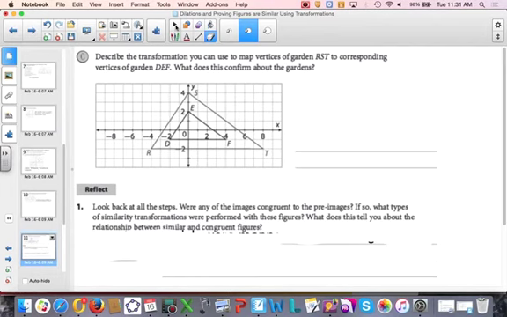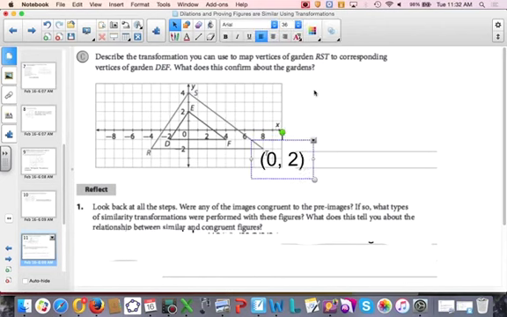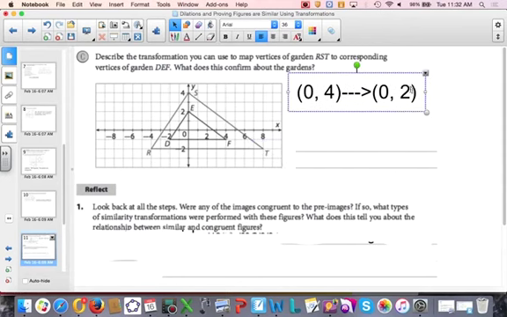Well, notice that coordinates of E are (0, 2), whereas S is (0, 4). So (0, 4) mapped onto (0, 2).